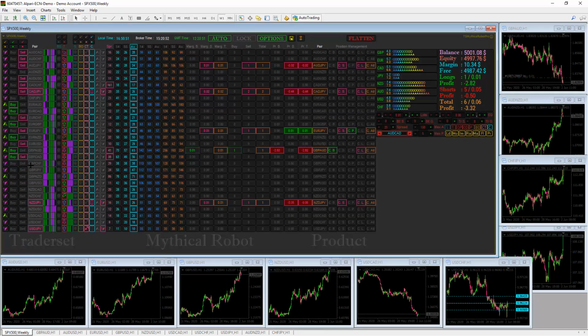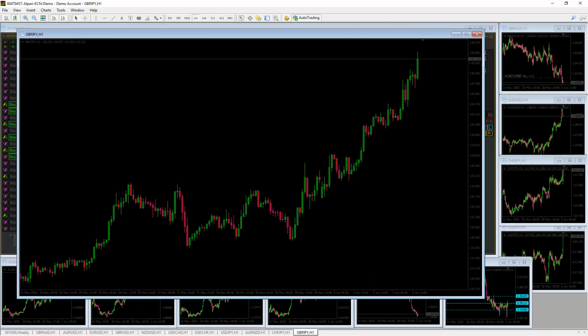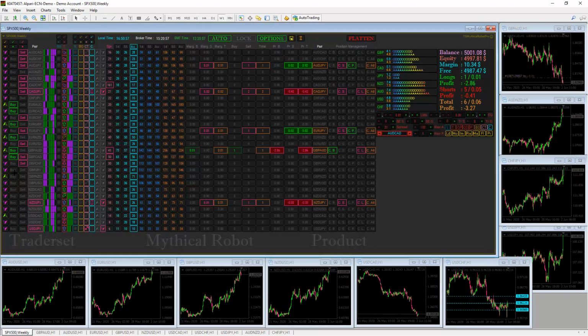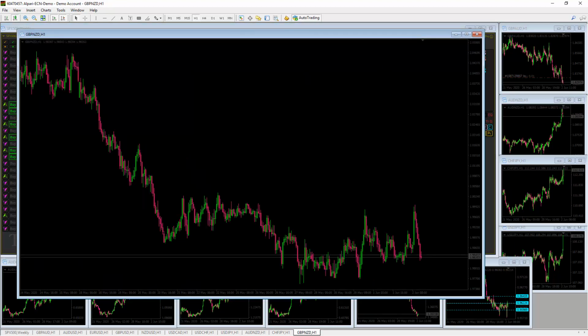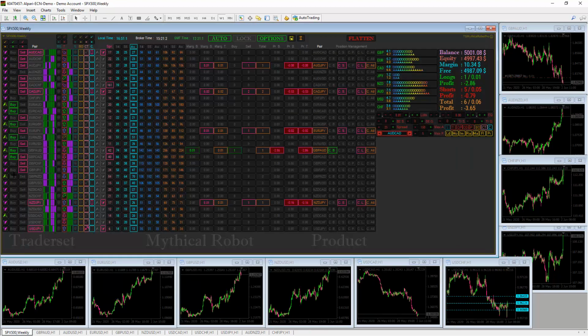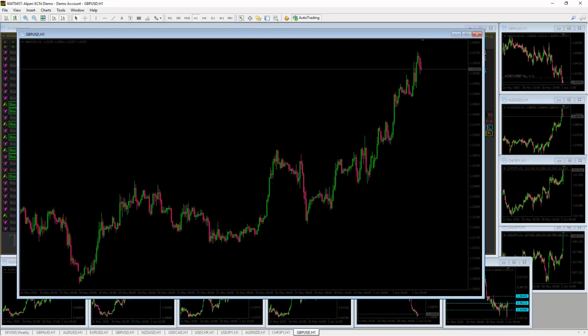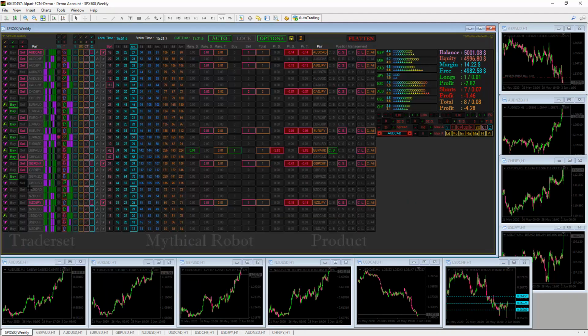So it will go down to PJPY. Clearly goes down. Goes up. Down.